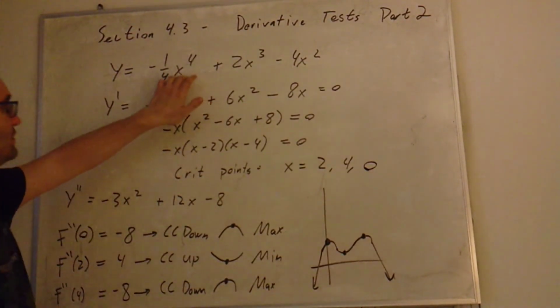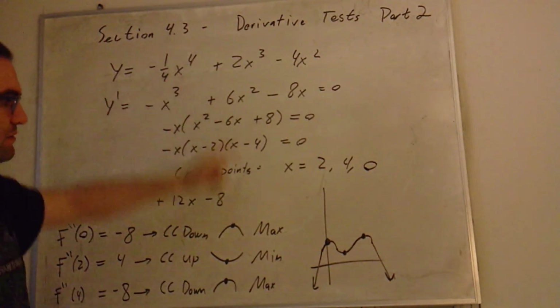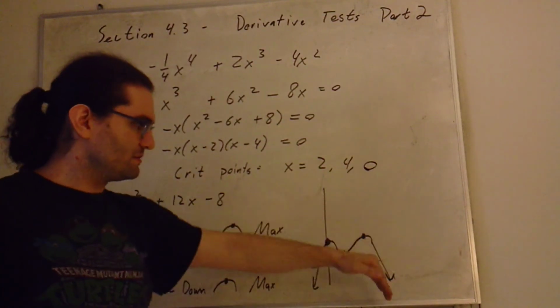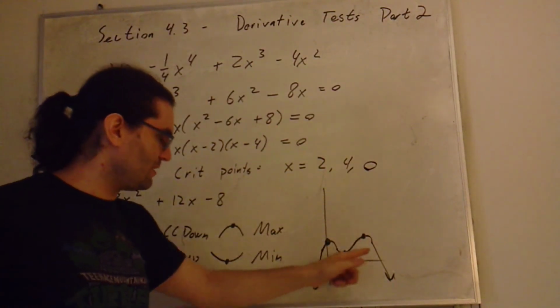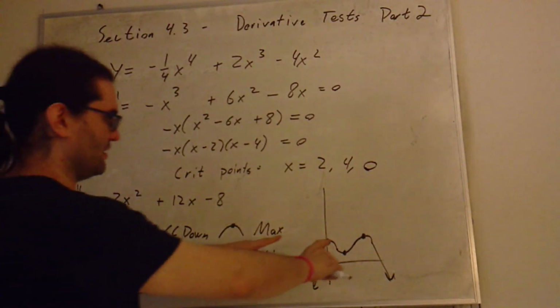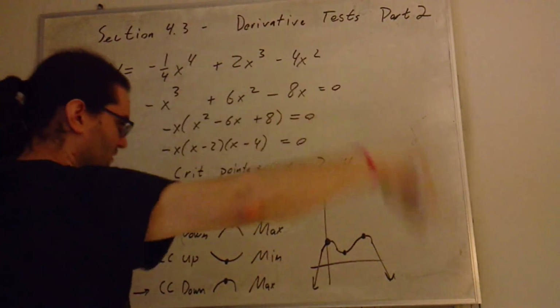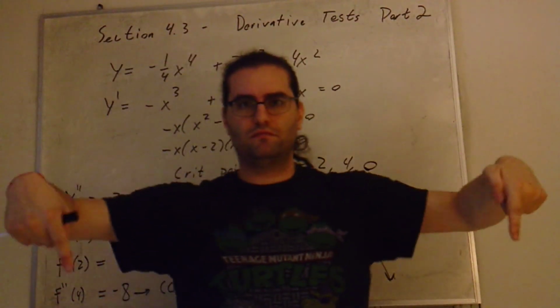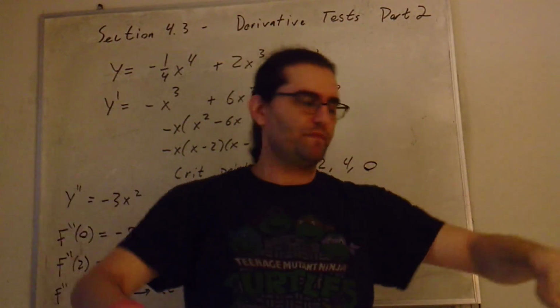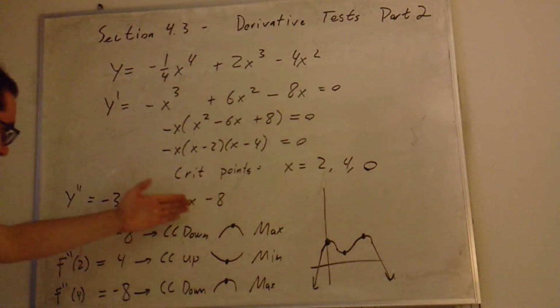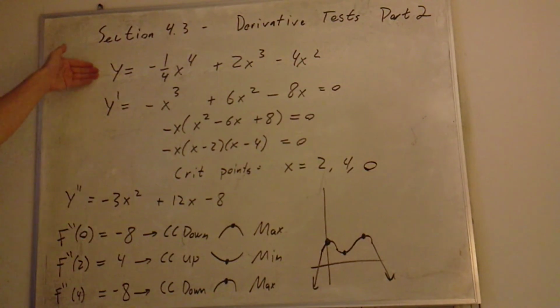I have a 4th degree polynomial. I'm expecting 3 wiggles, 3 humps. So I got my 3 humps, and the end behavior should be going down on the left and the right. So yeah, this information matches what I'm expecting to see out of this polynomial.